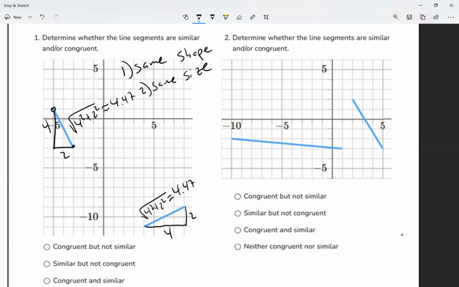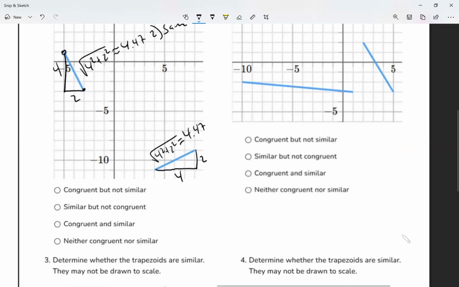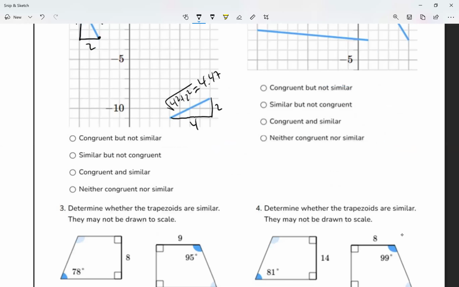Remember how for similar, I said it has to be the same shape and can be a different size. I didn't say it has to be. I said it can be a different size. Remember, if you look on the front, what's the definition of similar? Same shape and can be a different size. Well, it is congruent and it is similar.